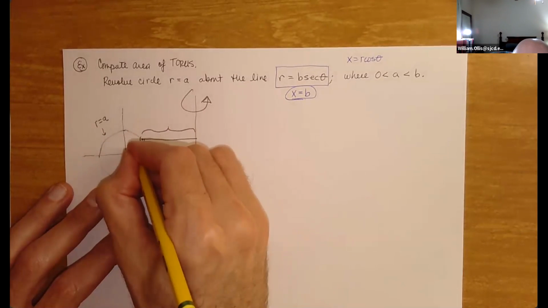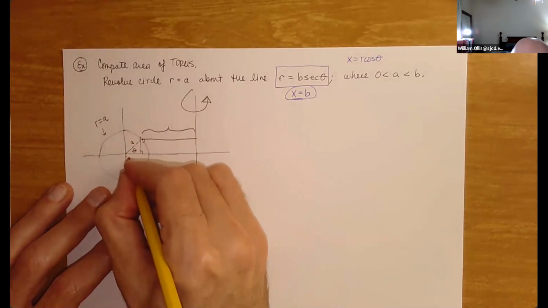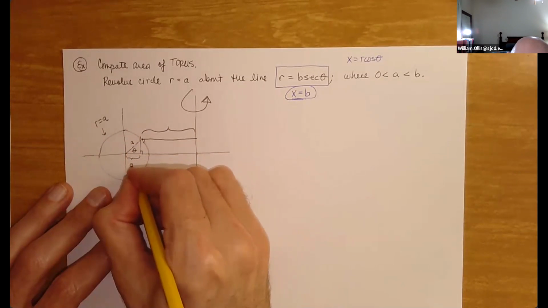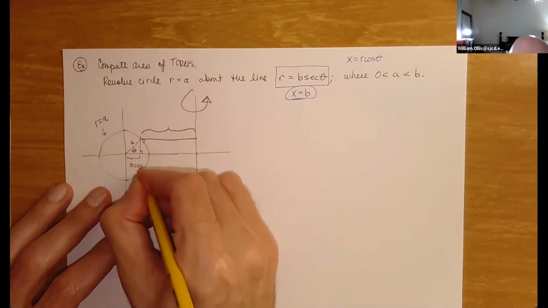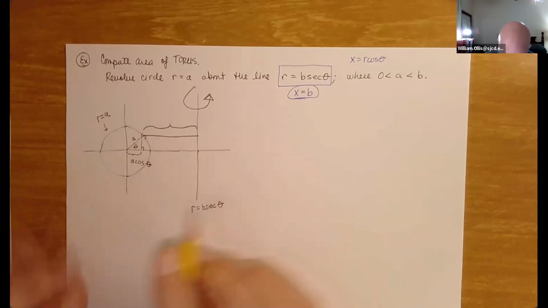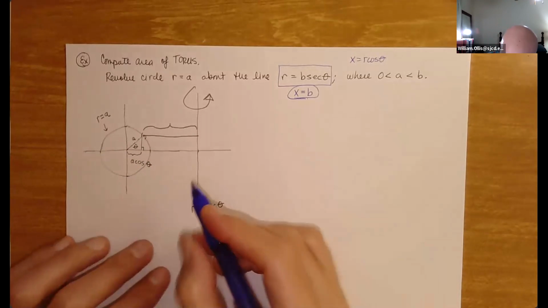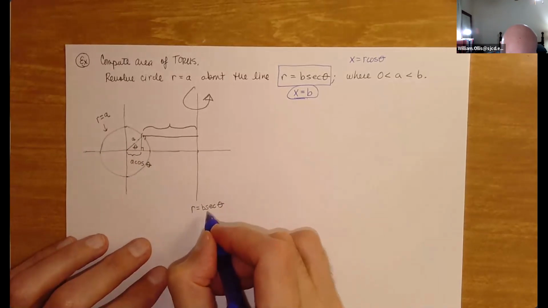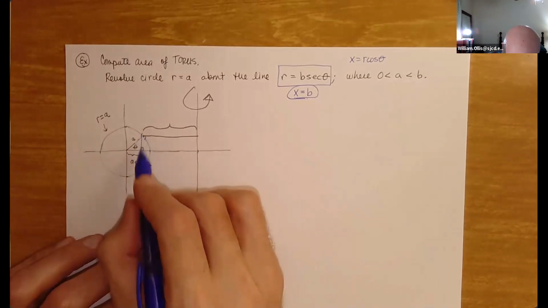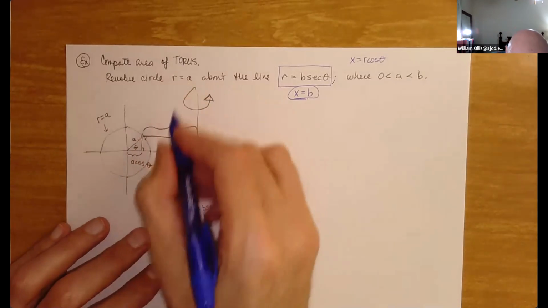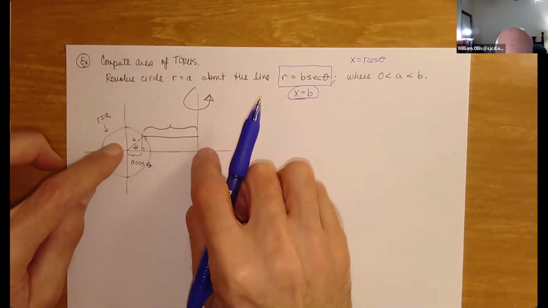This is a, and this, of course, is just a cosine theta. So the distance we need is b minus a cosine theta.